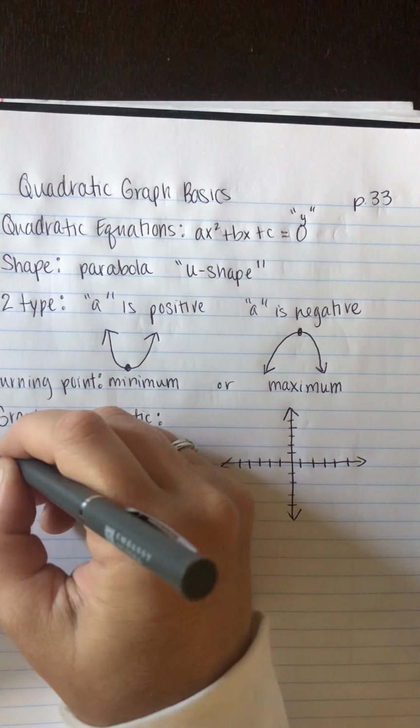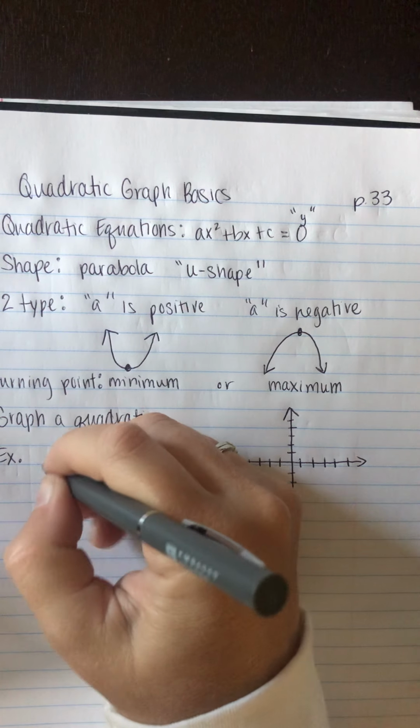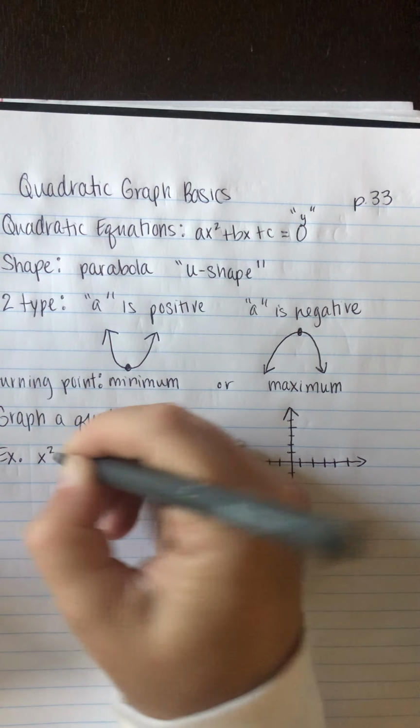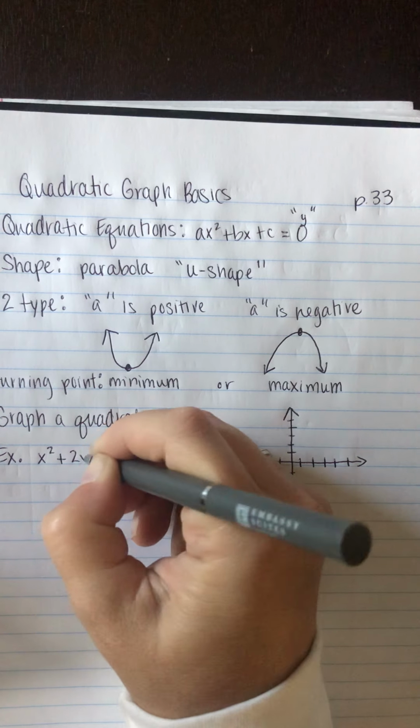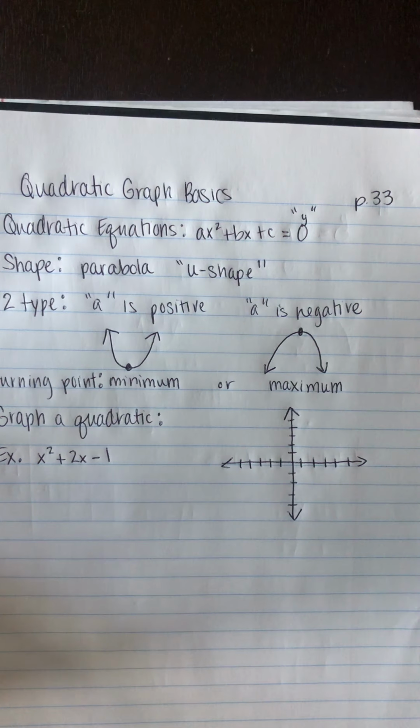All right, and the example that we're going to use today is going to be x squared plus 2x minus 1.